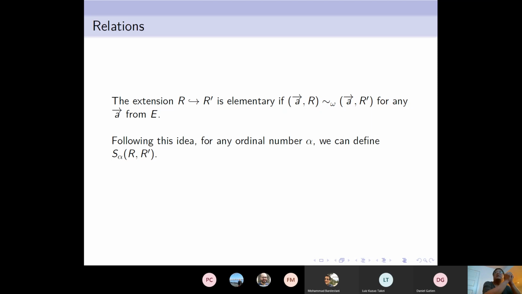Following this idea, for any ordinal number alpha, we can define S alpha R prime. We just keep intersecting the local isomorphisms. And we can also intersect all such S alpha for all ordinal numbers alpha, and then we define S infinity.